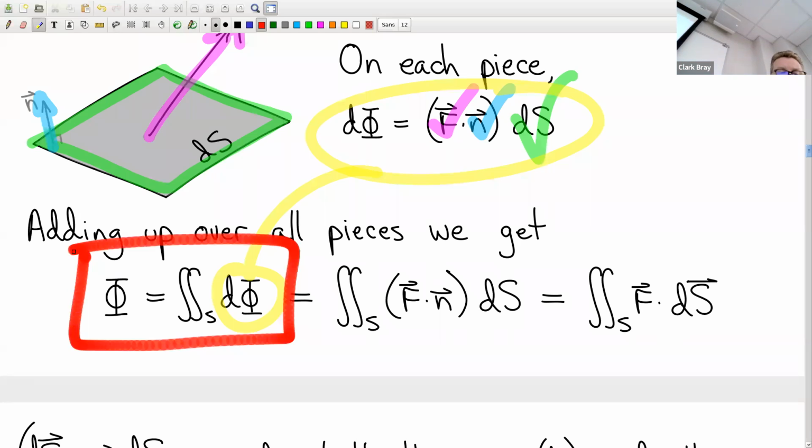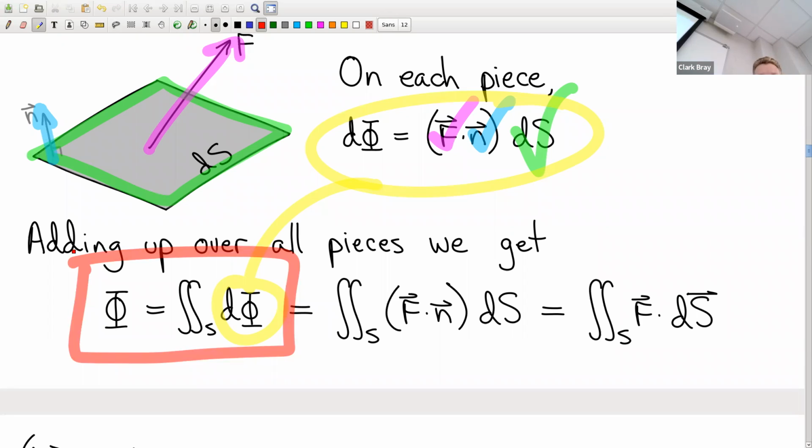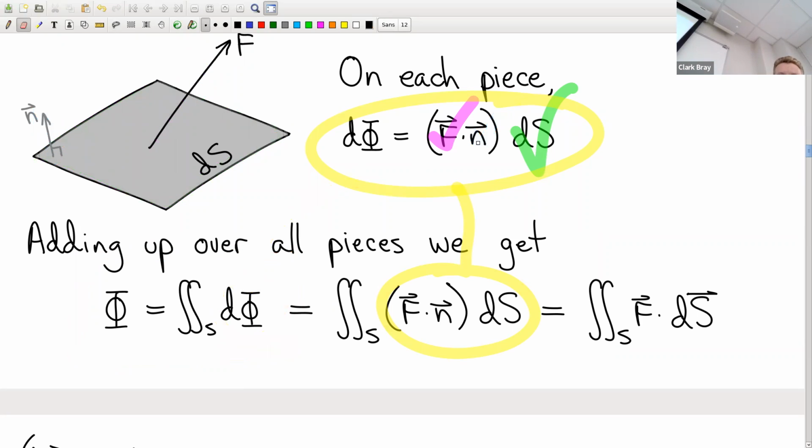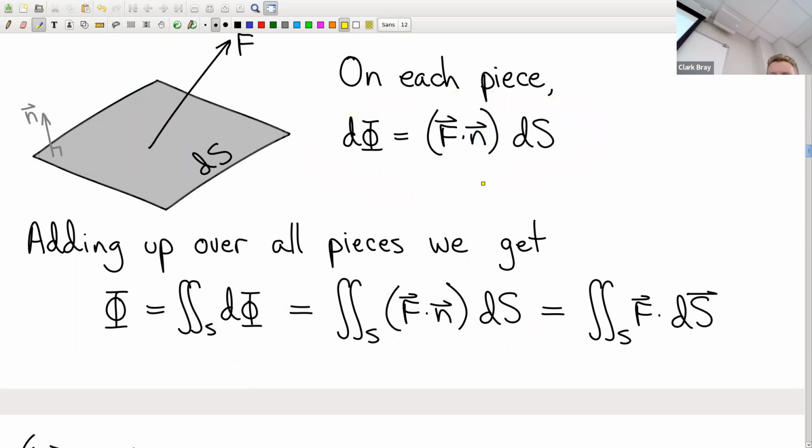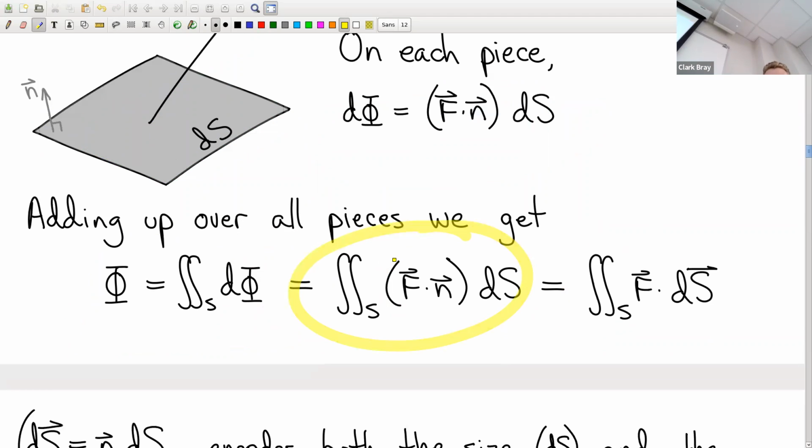Total flux is the sum of all the little pieces of flux. Those little pieces of flux are this. And so grand total, we now have a new kind of integral. Let me write it like this: integral F dot n dS. That's just recognizing what we've previously got.